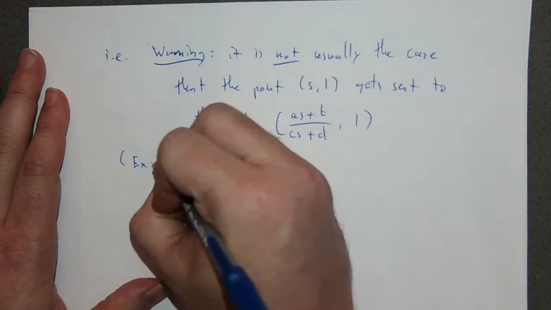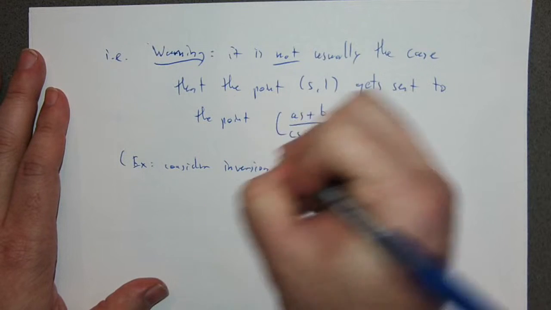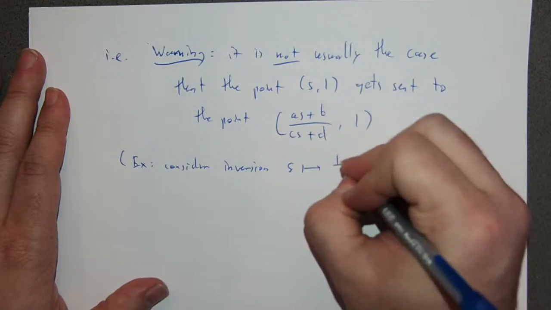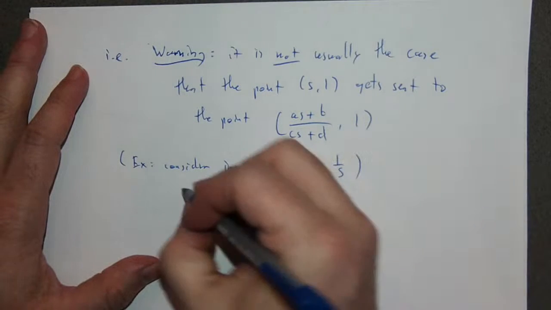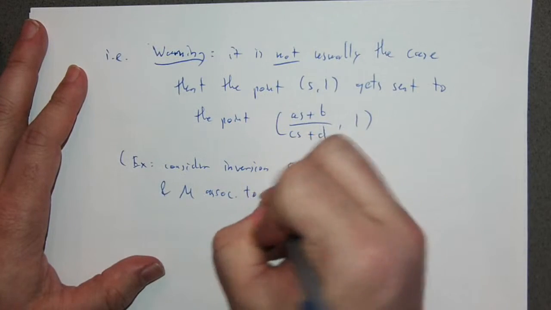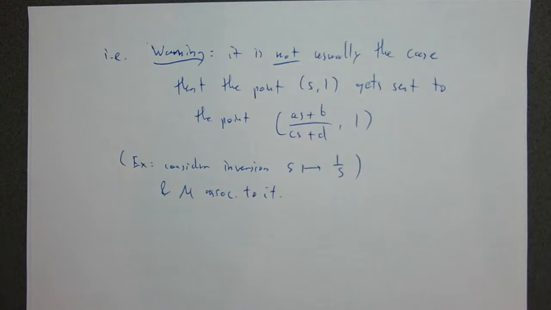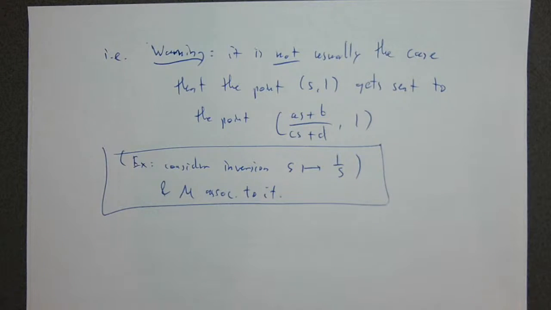For example, consider inversion, S getting sent to 1 over S. It couldn't even happen there. So consider this inversion and the M associated to it. It can't even happen here. This is a good example for you to work out if you are confused about how that's happening.